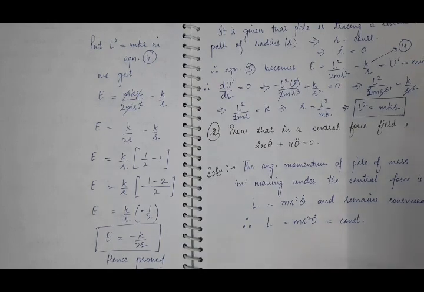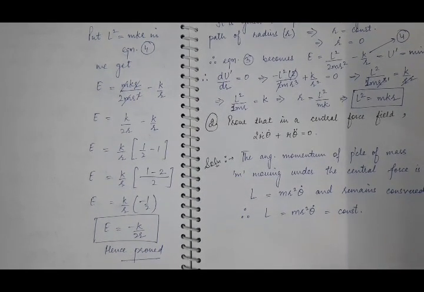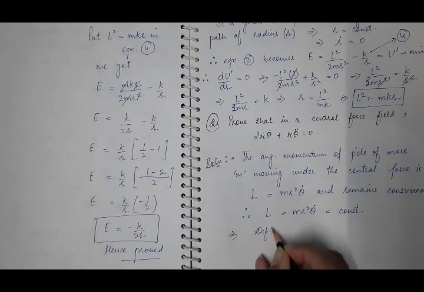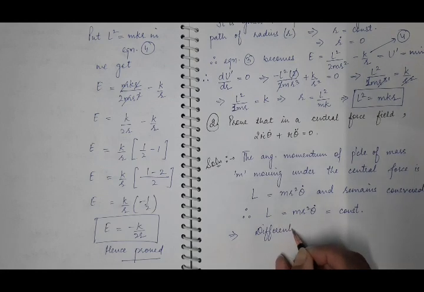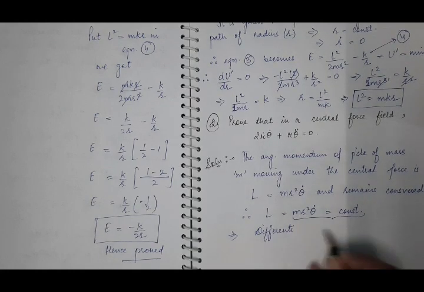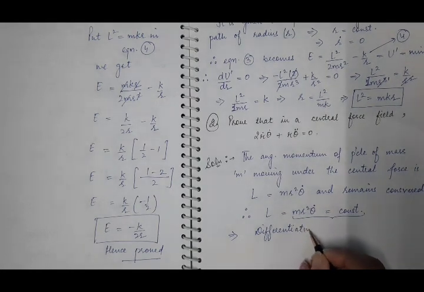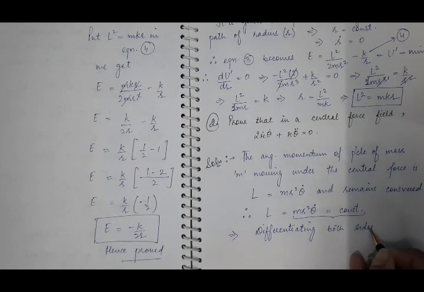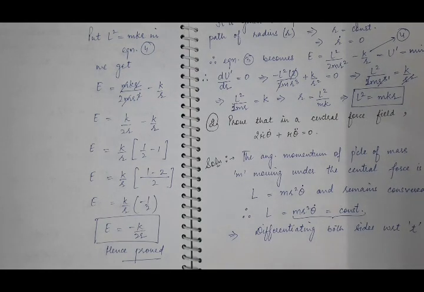Means it is not changing. If it is not changing, its derivative will be 0. So differentiate this equation both sides with respect to t. As it is constant, it will not change with respect to time.